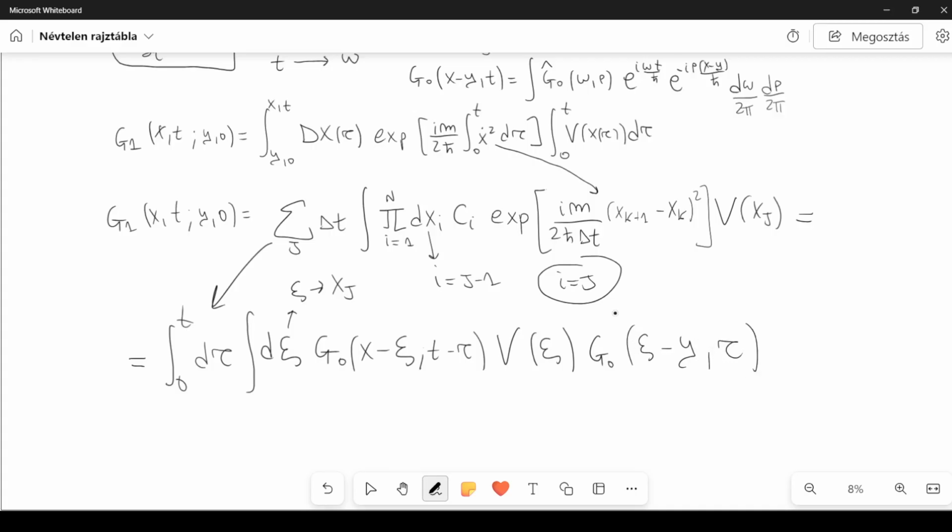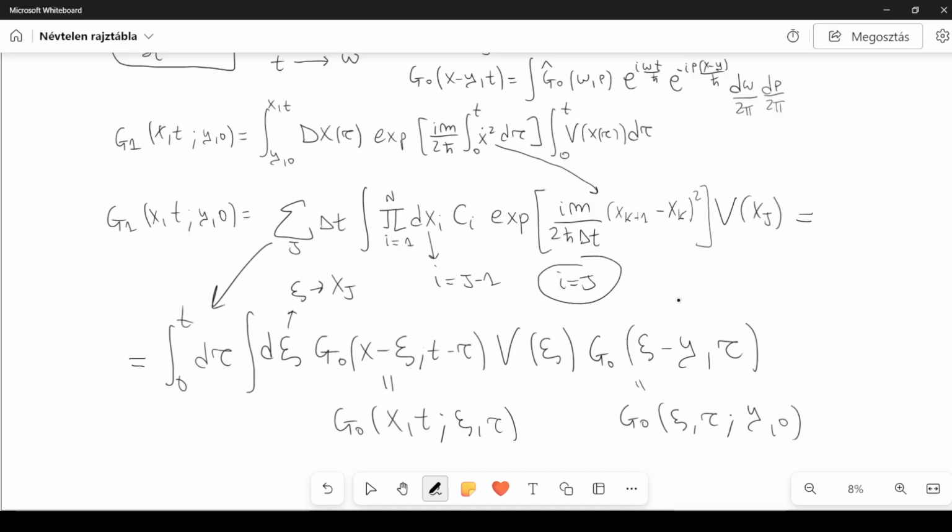In particular, this propagator here, for example, is the same as the following notation: g0 of xi, tau, y, 0, and this would be g sub 0 of x, t, xi, tau. So let me explain it more clearly.